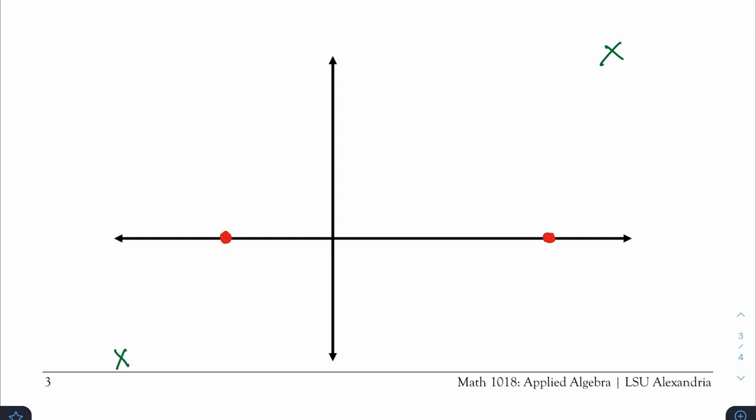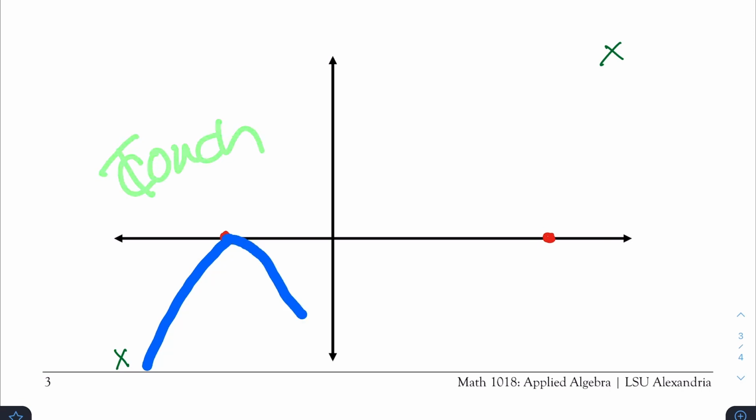All right, so now I like to start on the bottom left. And then I go towards my zero. At x equal to -3, I had an even multiplicity, so I know I must be touching that point, not crossing my x-axis.